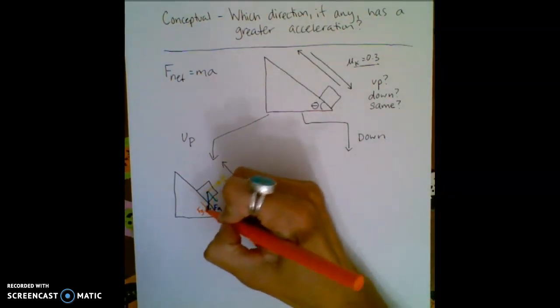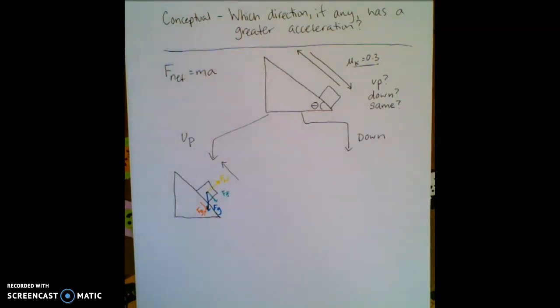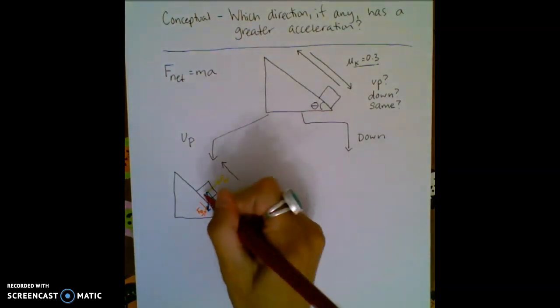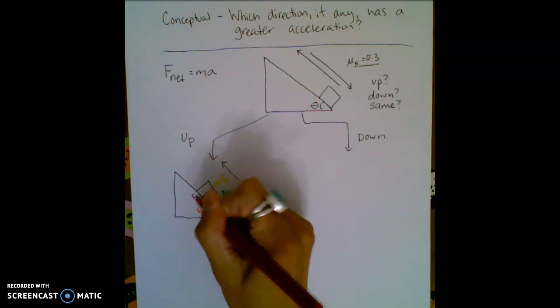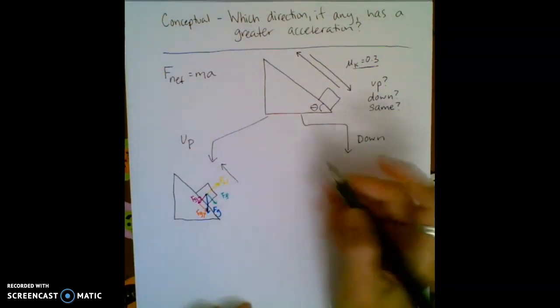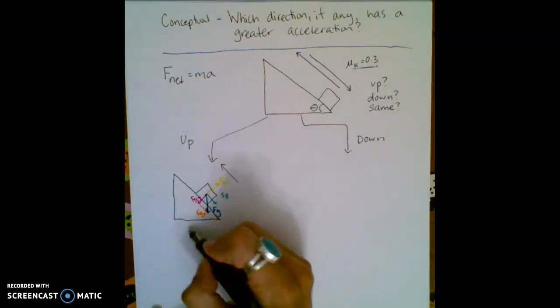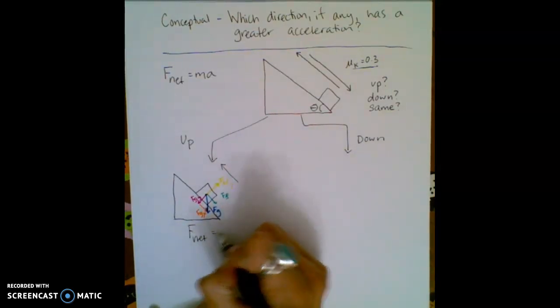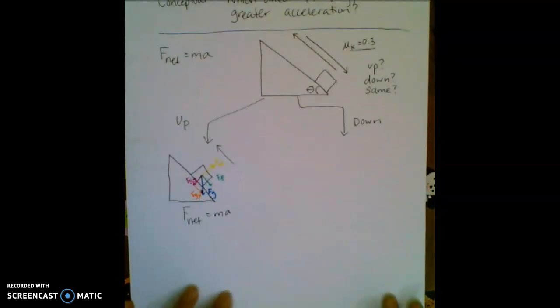All right, so I still have components of Fg: I have FGX and I have FGY, and then I can look at the net force equation. F net equals ma. It's moving up the incline.